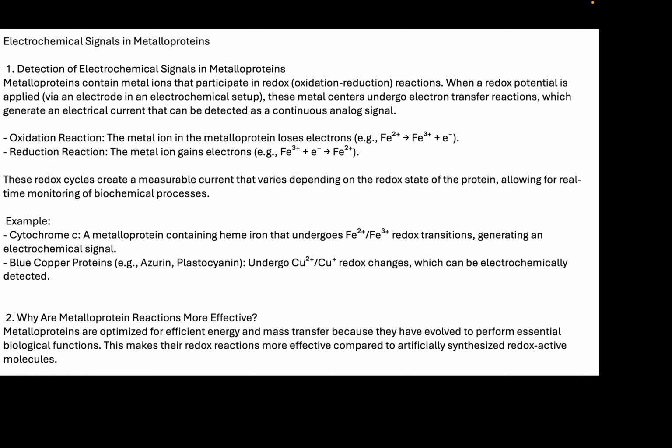And why are metalloprotein reactions more effective? Because metalloproteins are optimized for efficient energy and mass transfer, because they have evolved to perform essential biological functions, right? This makes their redox reactions more effective compared to the artificially synthesized redox active molecules, because those are the things which we are synthesizing. Correct.